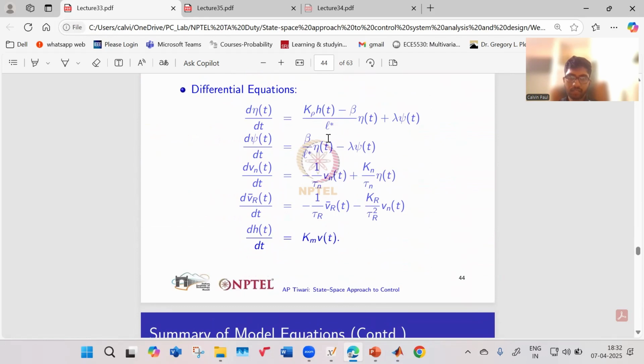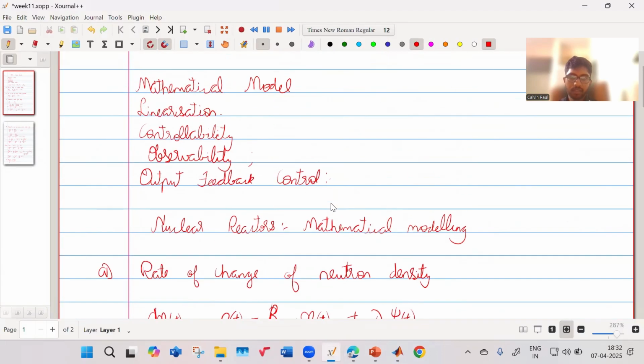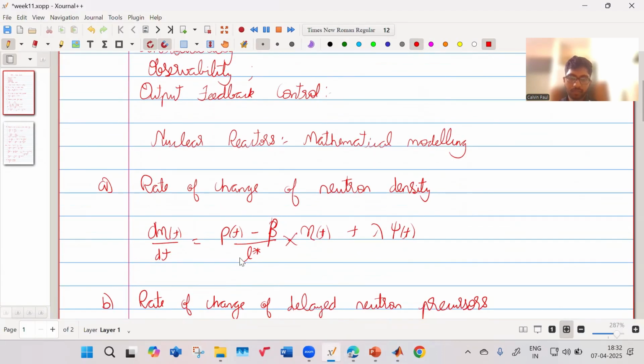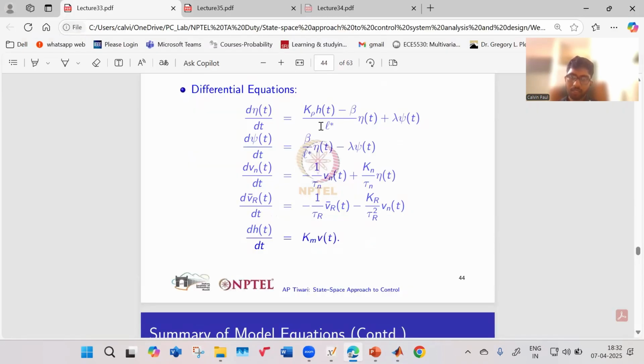So dn of t upon dt is equal to rho of t minus beta upon L star into n of t plus lambda into C of t, with rho equal to k rho into h of t.